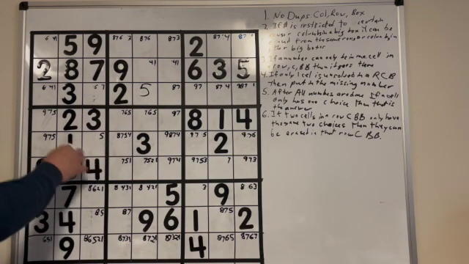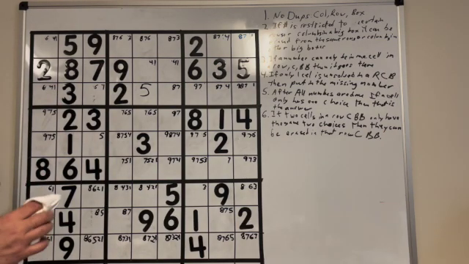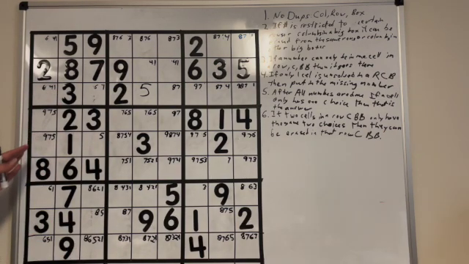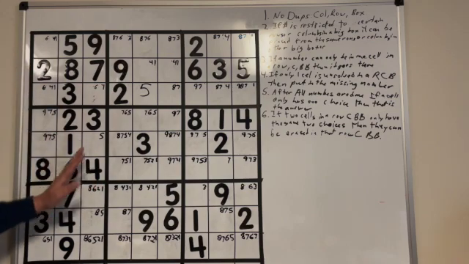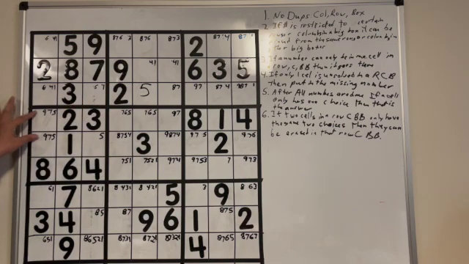Clearly, we can just solve 5 and erase them and clean up. But I want to point out, pretend that none of these are solved, and there's 5s and 4s and 3s and 1s, all these numbers all over the place. But the only place that 9 and 7 can go is these 2 cells.